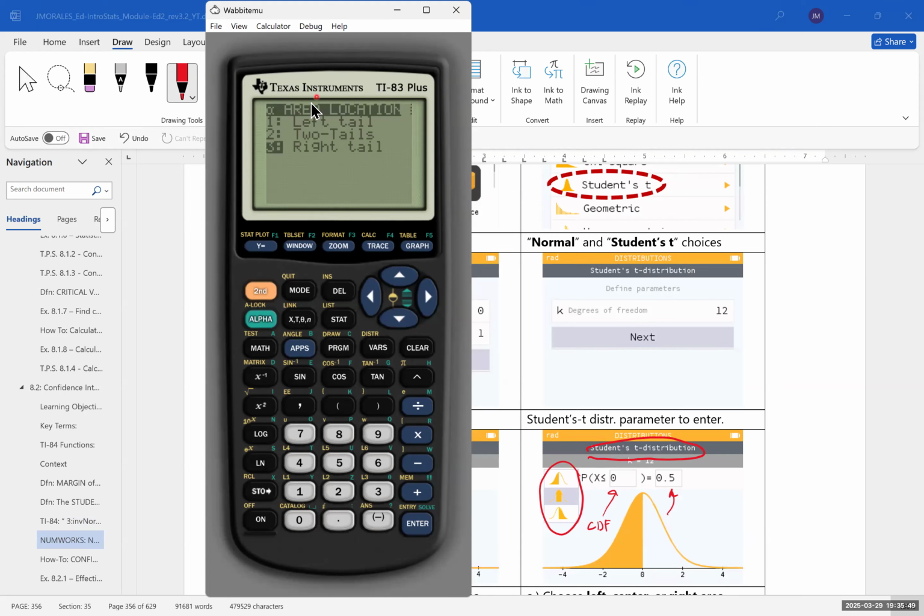So this program gives you the option of whether you want to calculate the t critical value on the left or on the right, or if you want to put in a confidence level and have it two-tailed. But you just wait a second, and it's going to calculate a t-score.